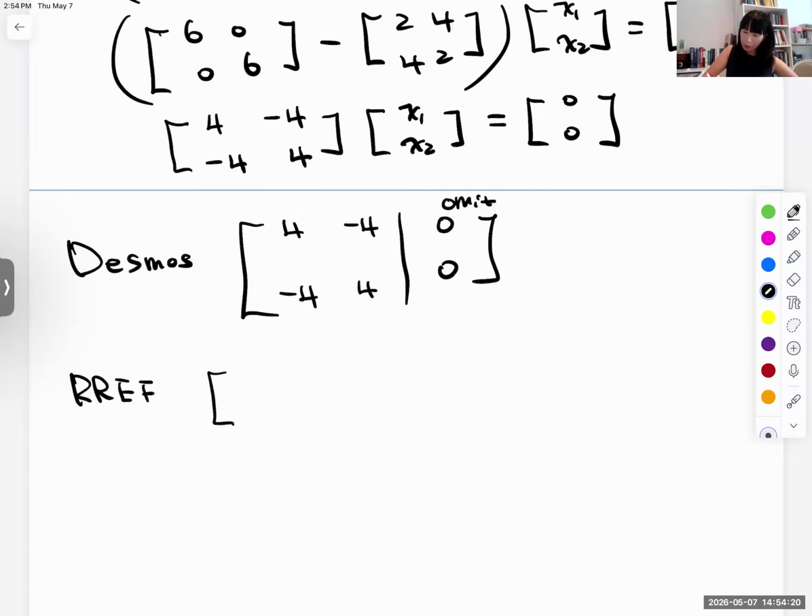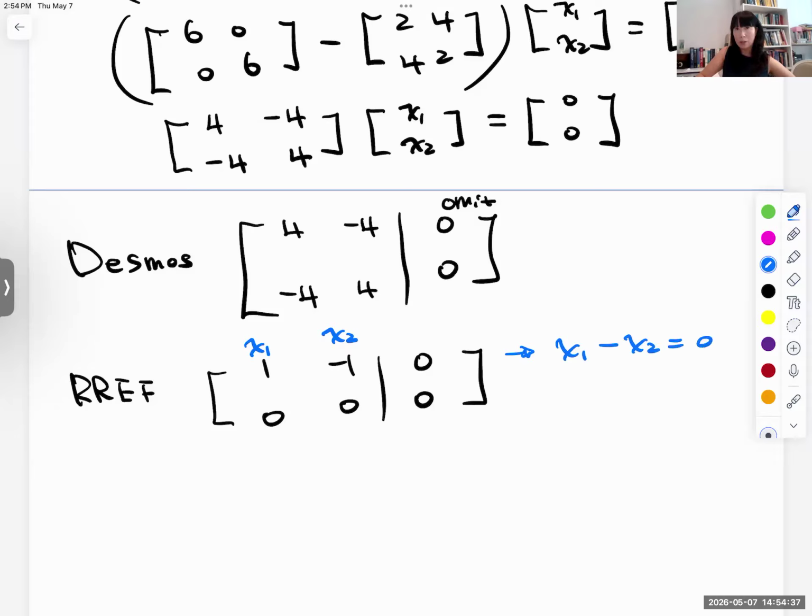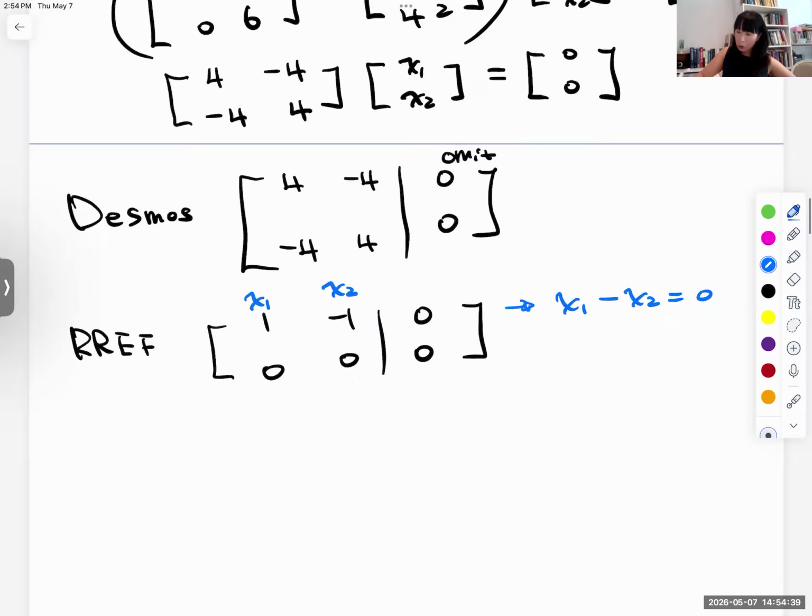So what do we have? We have 1, negative 1, 0, 0, which is 0, 0. Okay, so this means x sub 1 here, x sub 2 here. So that is x sub 1 minus x sub 2 equal to 0. All right, look, we say that x sub 2 is free, right?